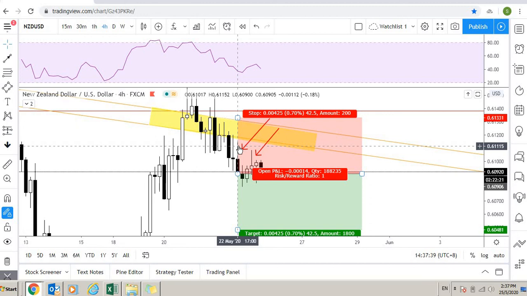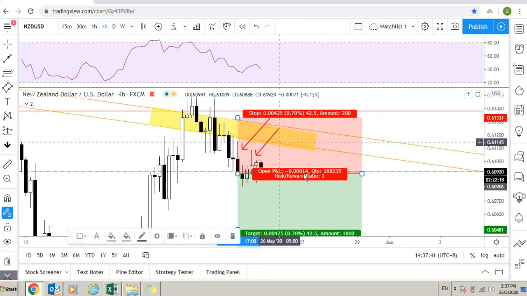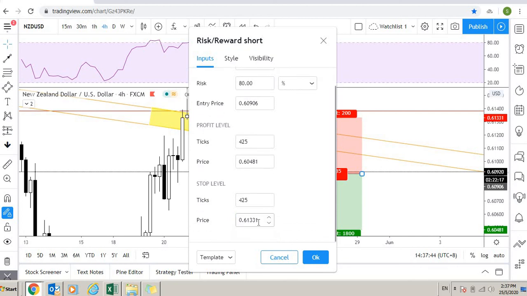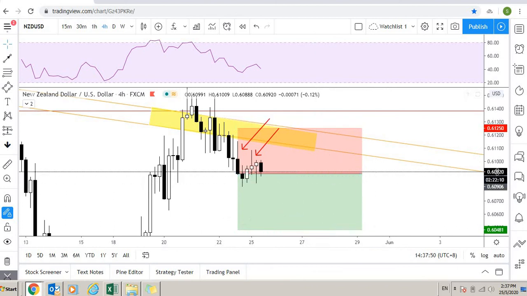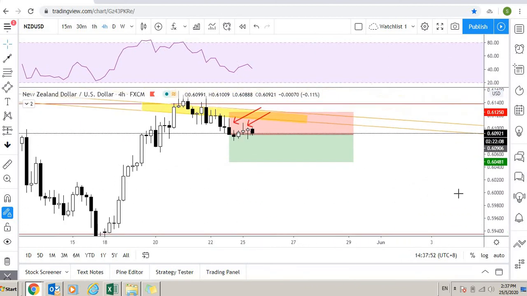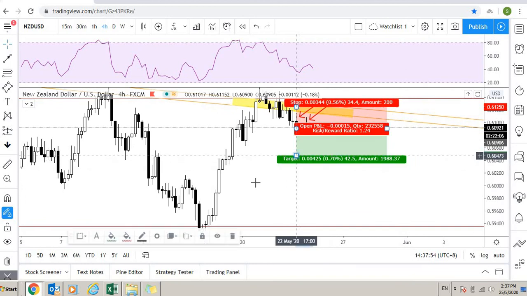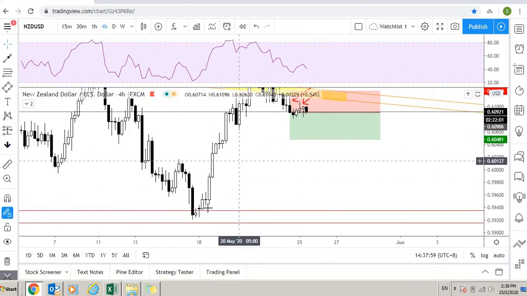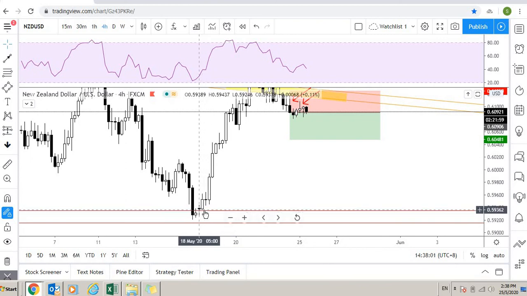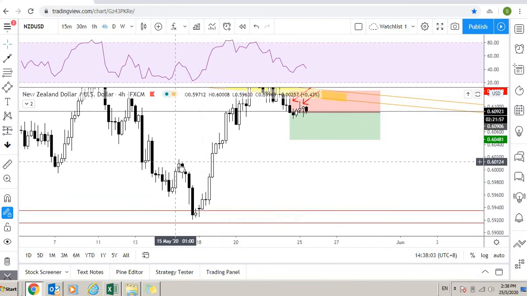The high of this bar is about 6125, so I only risk about 34 pips. Then let's check the next support level. Basically, we can see that the next support level most likely will be at this level or this level.